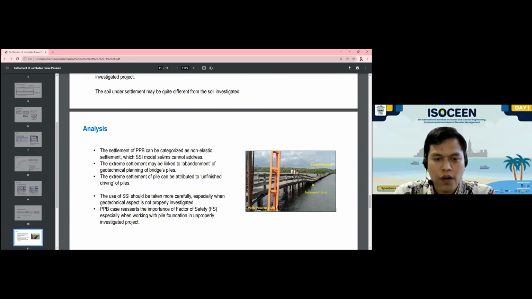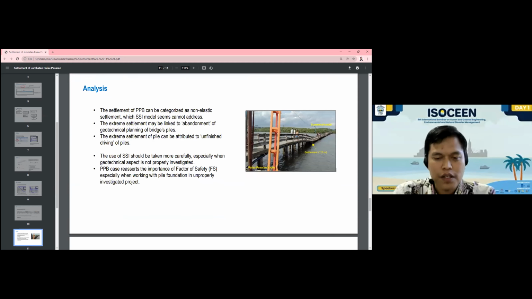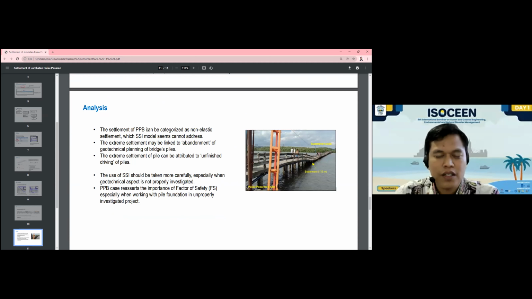And next, for the analysis, we can conclude that the settlement of PPB, or Pulau Pasaran Bridge, can be categorized as non-elastic settlement, which is uncommon in many structures, which the SSI model seems unable to address.